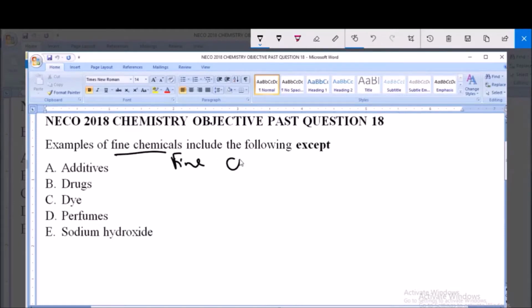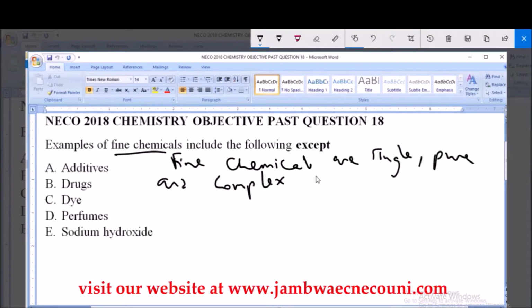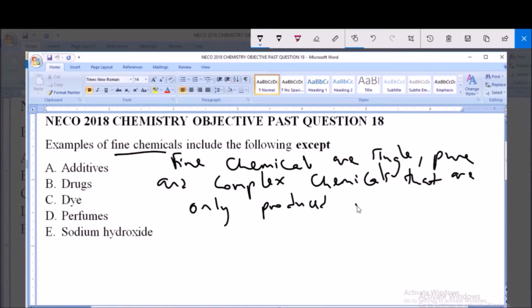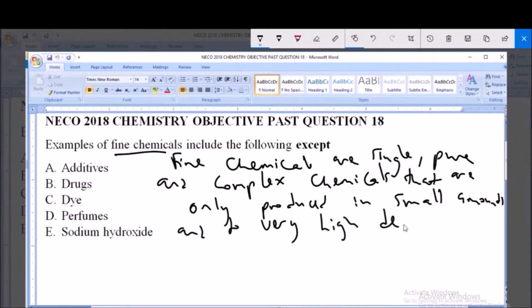Fine chemicals are single, pure, and complex chemicals that are only produced in small amounts and to a very high degree of purity.